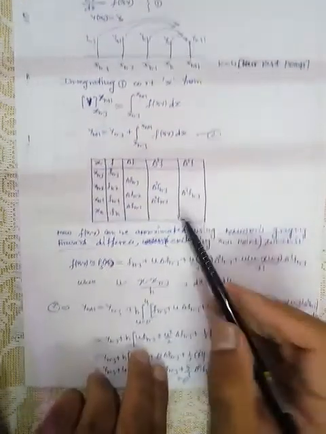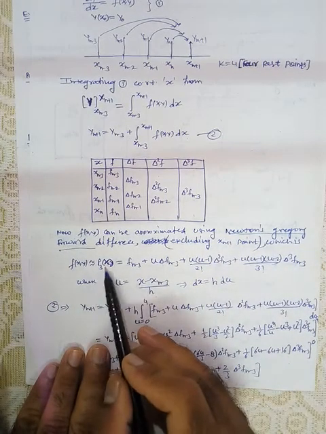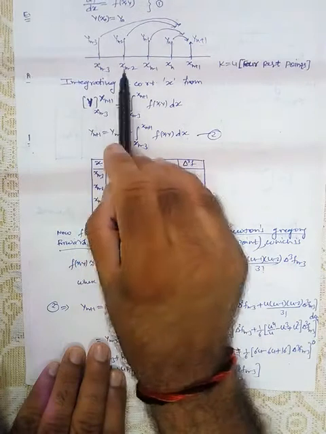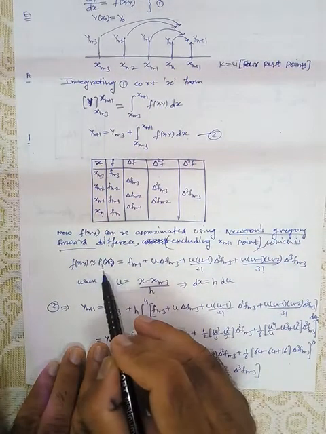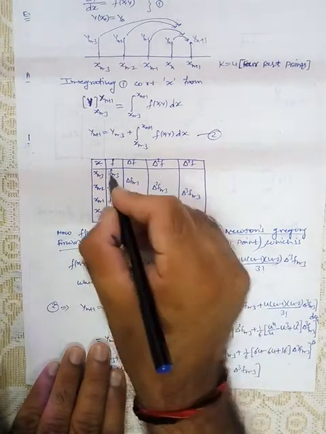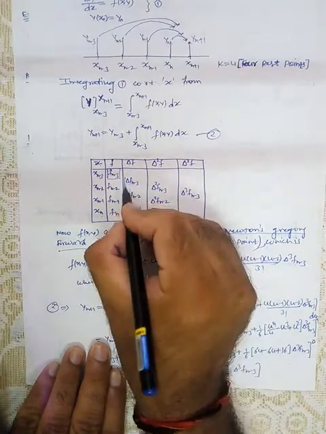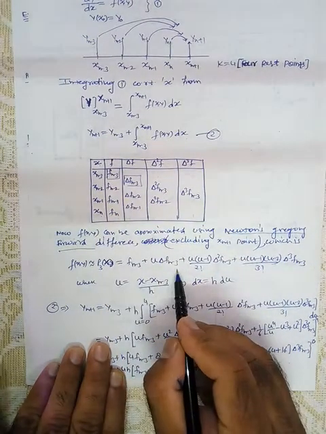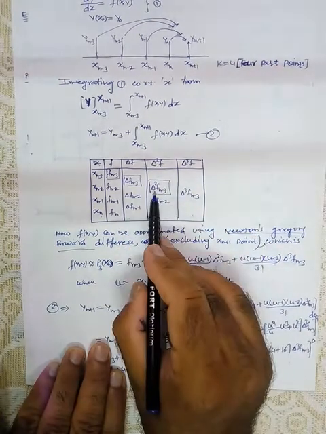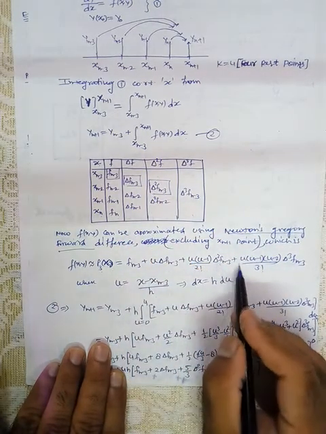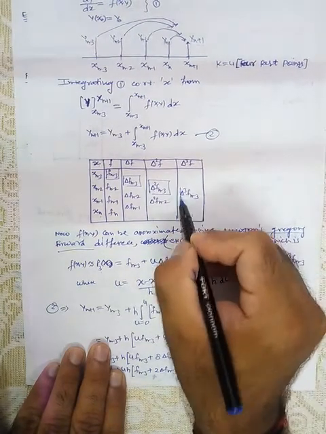Fine. So now with the help of Newton's Gregory forward formula, f of x, y is approximately a cubic polynomial, because 4 data points are known to you. So you can easily fit a polynomial of degree 3. This 3-degree polynomial is nothing but f n minus 3 plus u into delta f n minus 3 plus u into u minus 1 divided by factorial 2 into the second order difference, plus u into u minus 1 into u minus 2 divided by factorial 3 and the third order difference.